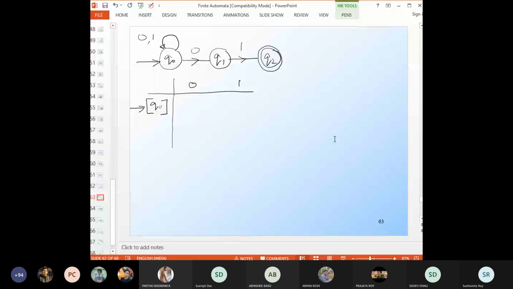So what kind of strings are accepted by this NFA? How will you express that in normal speaking English? Ma'am, strings containing only zeros and ones. Binary strings. Ma'am, a string ending in 0 and 1.